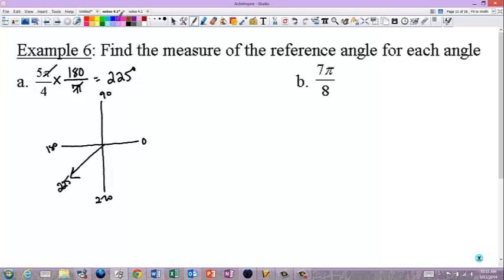The closest x-axis is there. So I do 225 minus 180, and I get 45 degrees. I need to then convert that back to radians times pi over 180, and I get pi over 4 as my reference angle.